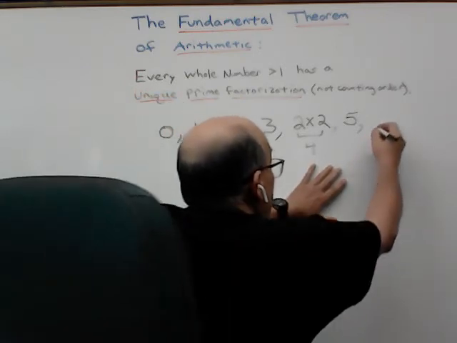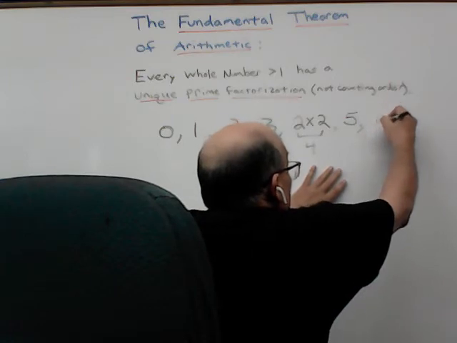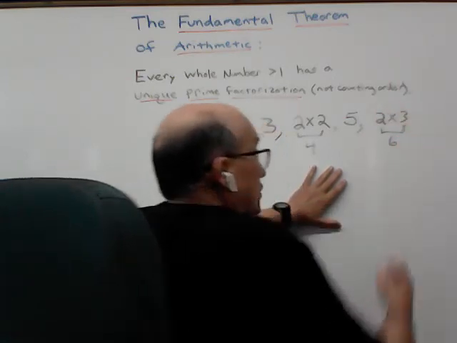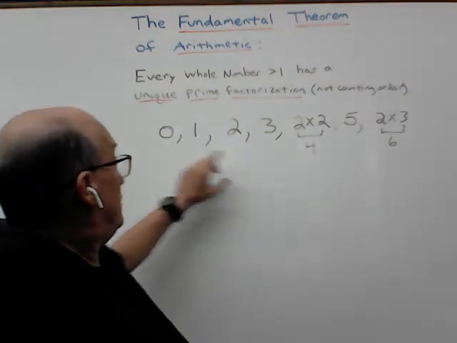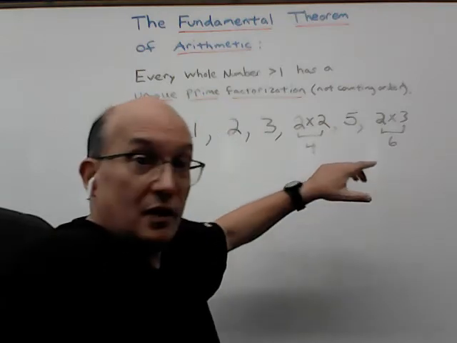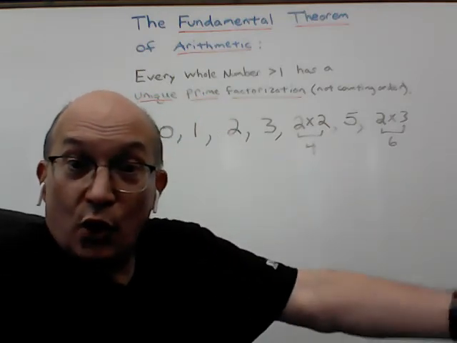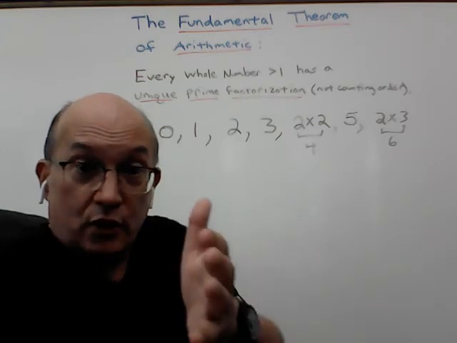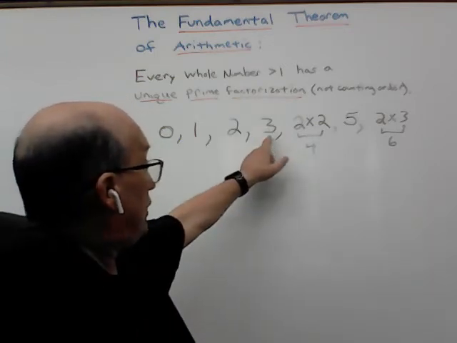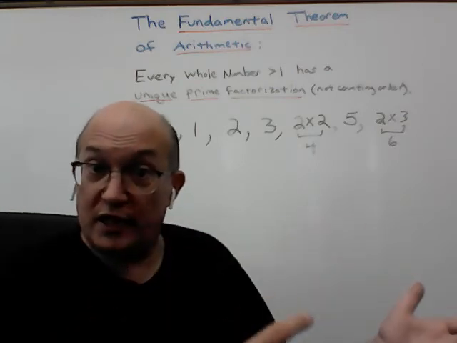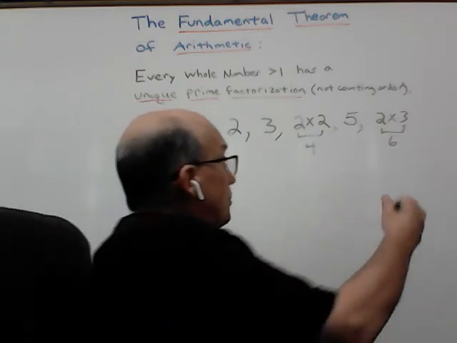So instead of 6, I'm going to write 2 times 3. Down here I'll write 6 just to remind us, right? 0, 1, 2, 3, 4, 5, 6. But I'm indicating all of the whole numbers with either a prime, like 3 or 5 or 2, or if it's not prime, I'm going to write its prime factorization, which we just learned about.